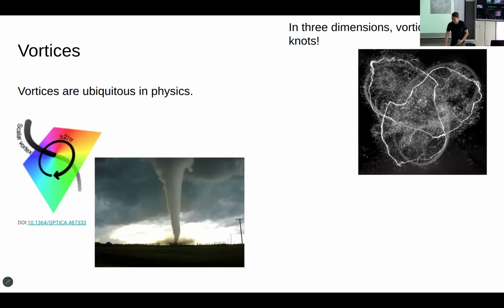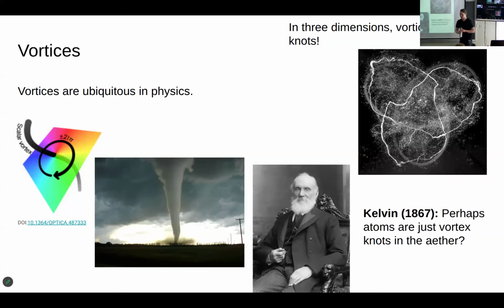And this is actually a very old idea, because more than 150 years ago, Kelvin proposed that atoms are just vortices in the ether. Okay? Of course, this is nonsense, because now we know there's no ether, and definitely atoms are not knots there.